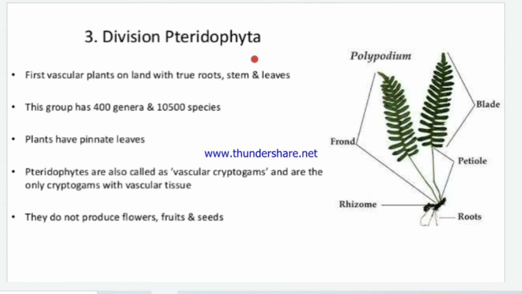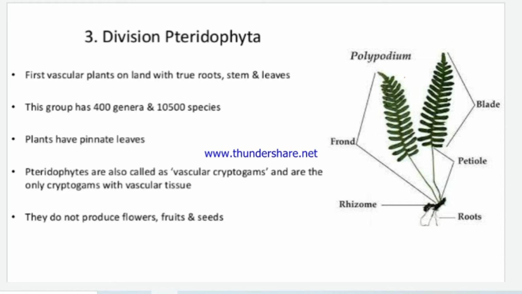The next is Pteridophyta. So the Pteridophyta are the first truly terrestrial vascular plants with true root, stem and leaves. This group has around 400 genera and 500 species.